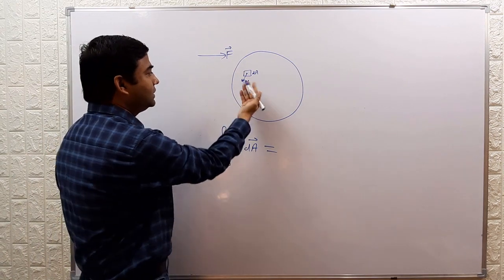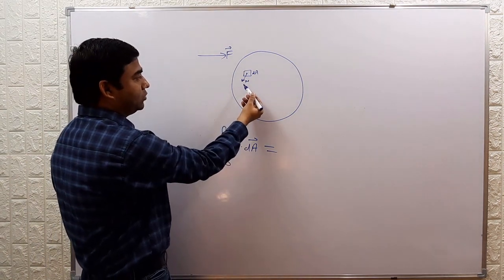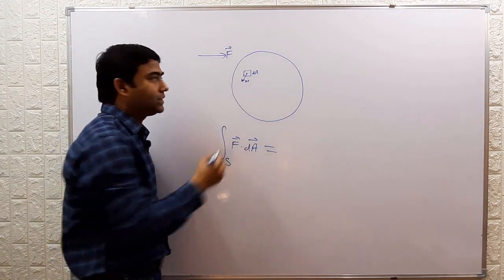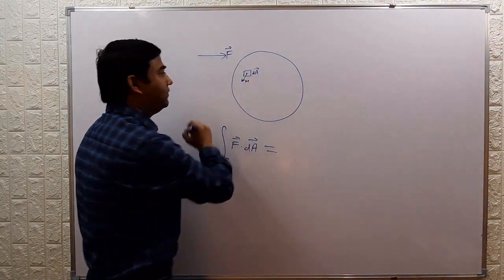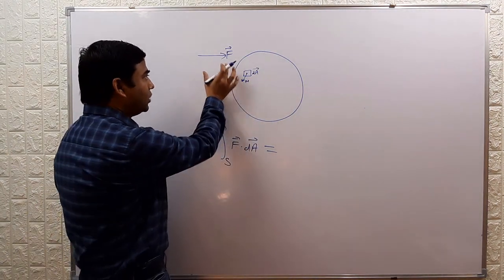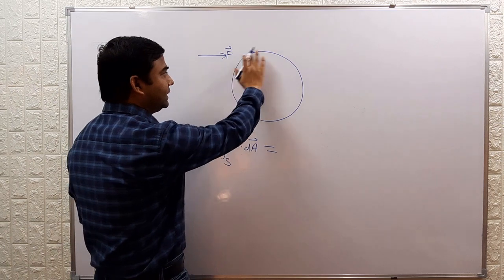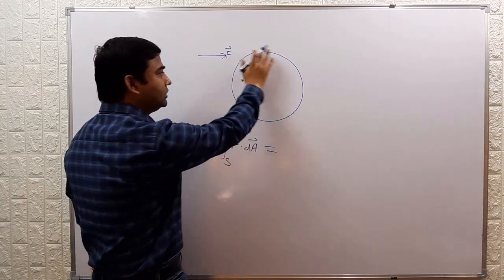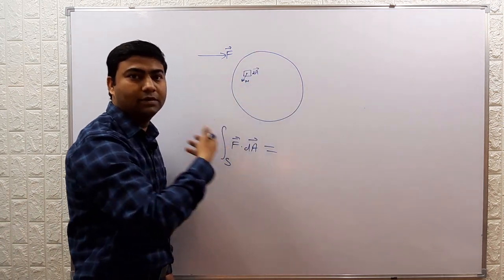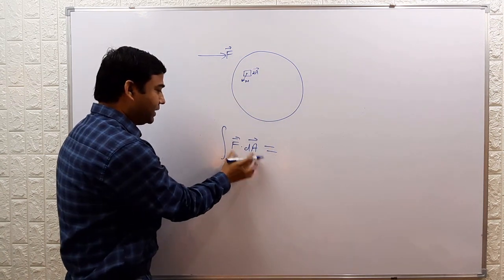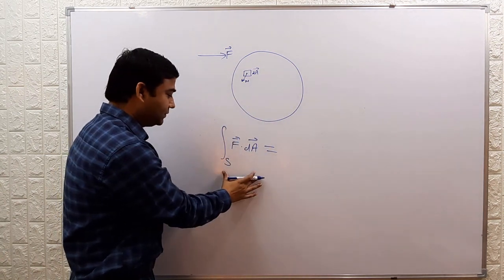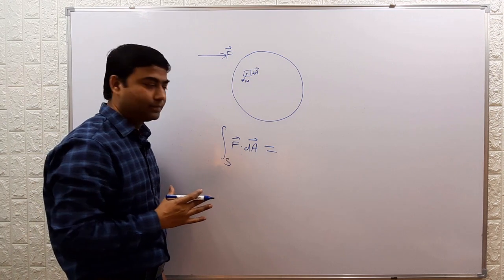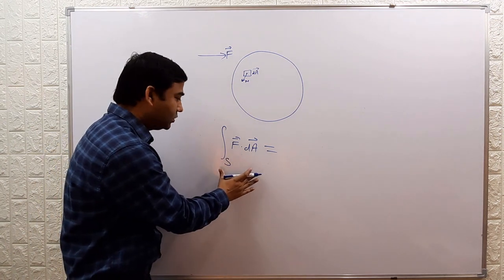So this is the area vector. We will carry out F dot dA throughout this spherical surface by the integration method. We will get flux. This is nothing but net flux.